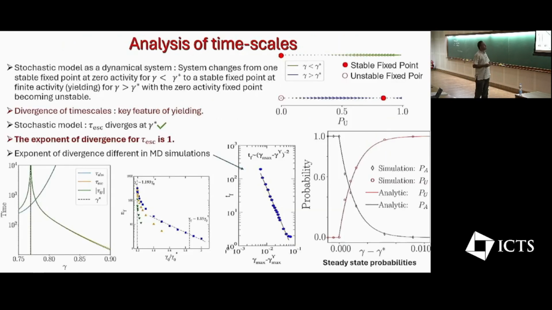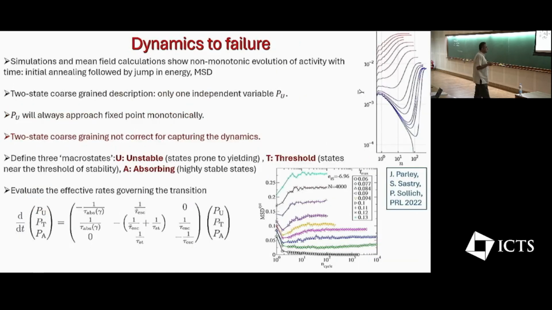And I'm sorry about running over time, but when you introduce this feedback, one gets a genuine dynamical transition with diverging timescales, except that the exponent turns out to be different from what you see in simulation, and that's something else to deal with.